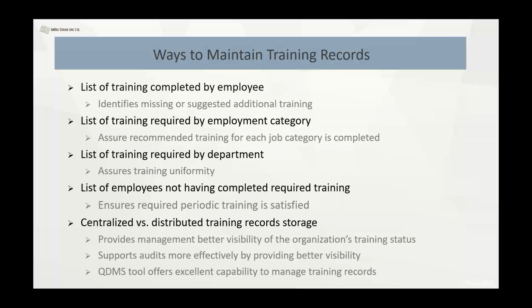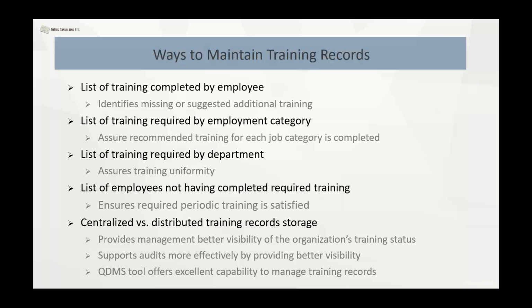So the advantage of a centralized approach is that it provides management better visibility of the organization's training status. Okay, so you can just go to that database and find out anything that you need to know without inquiring different departments or groups or whatever.